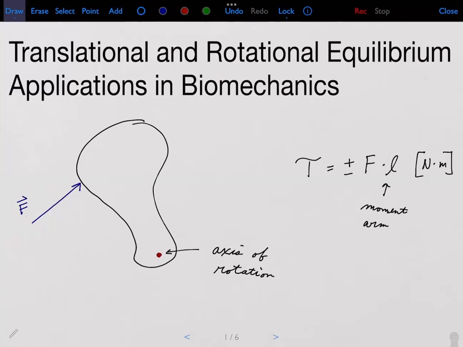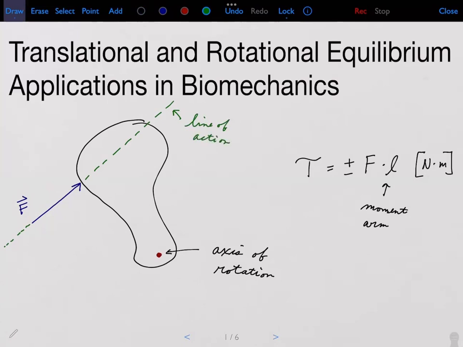Well, first of all, this force is acting along this line. So let me dash it in here in green. So this is called the line of action of that force.